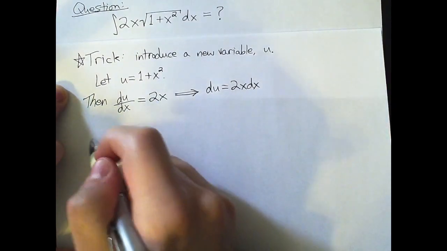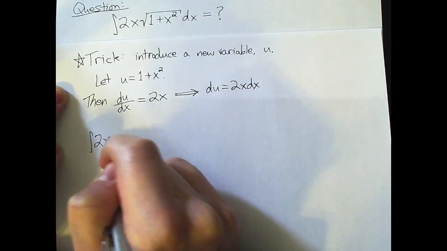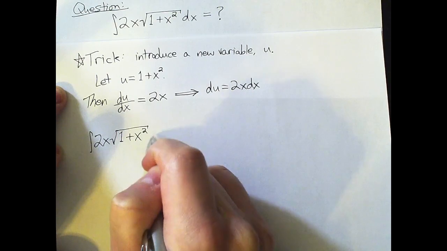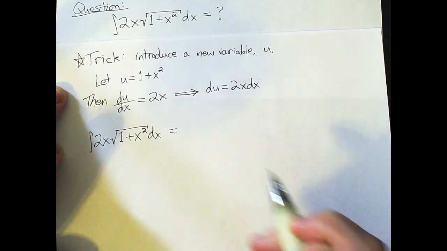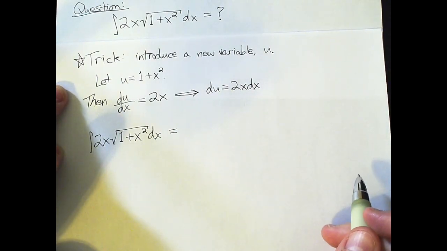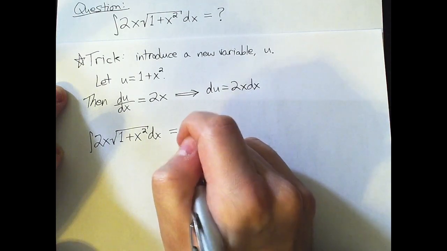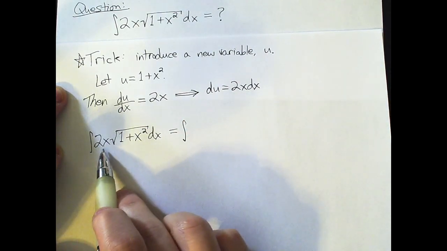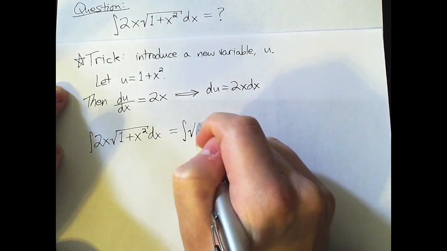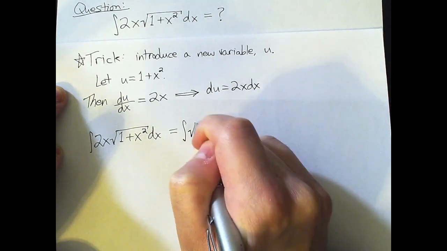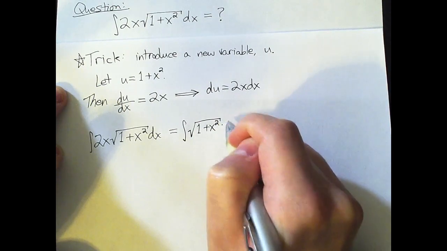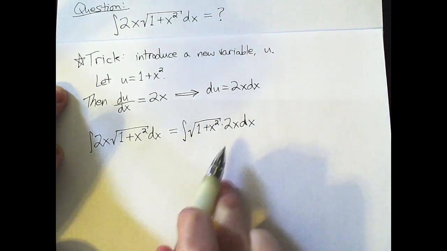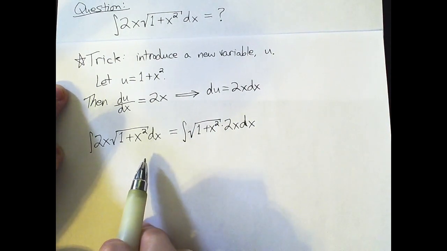All right, so the problem that we're trying to solve looks like this. I'm just rewriting the problem, and in a slightly different way. Instead of having the 2x out front, I'm going to rearrange it to have the square root of 1 plus x squared first, and then the 2x. That doesn't really change much.